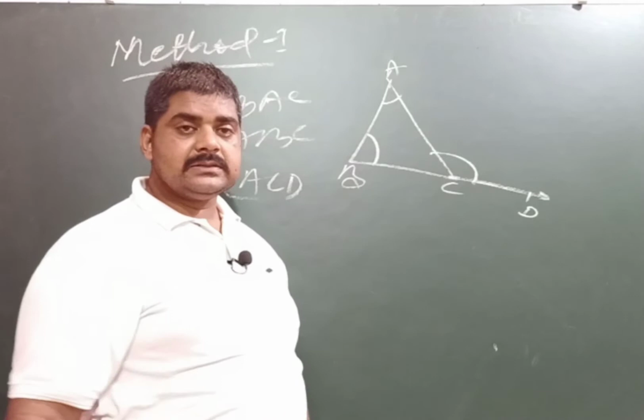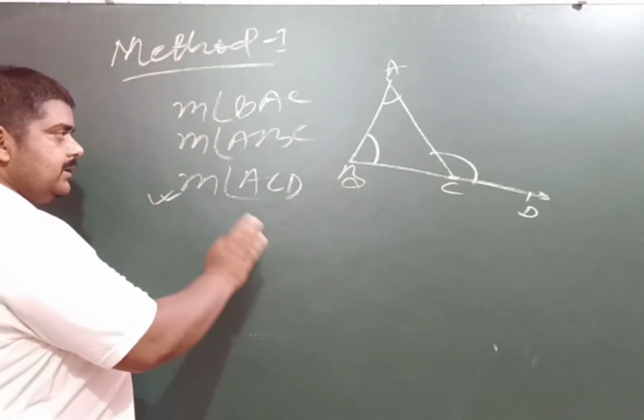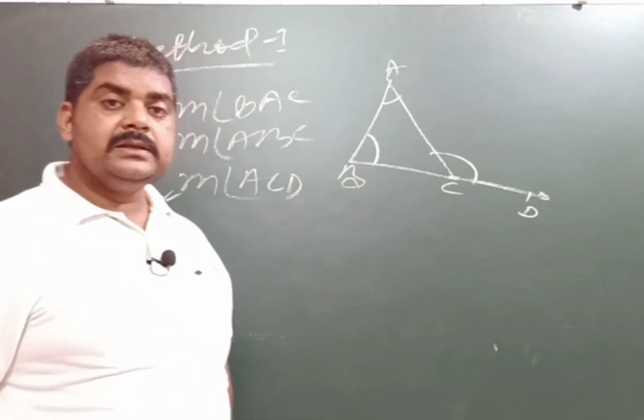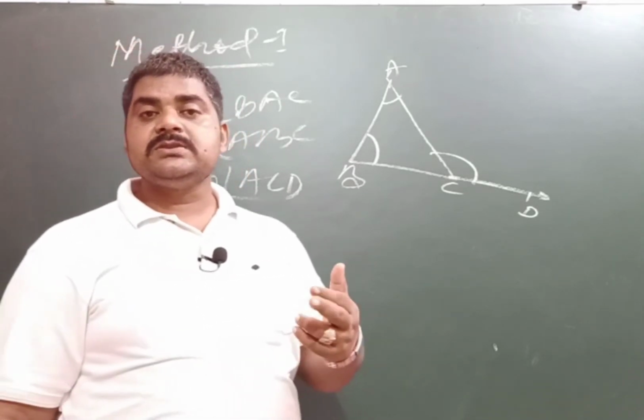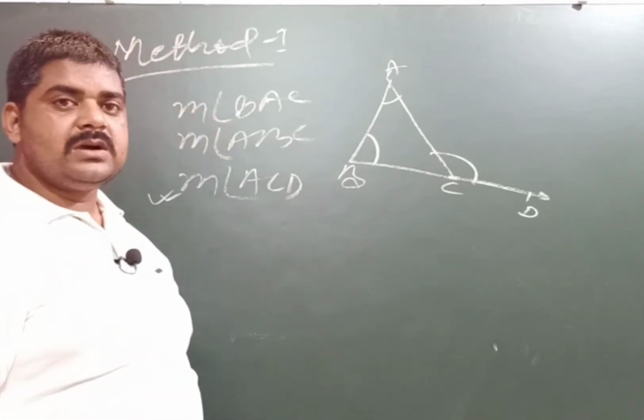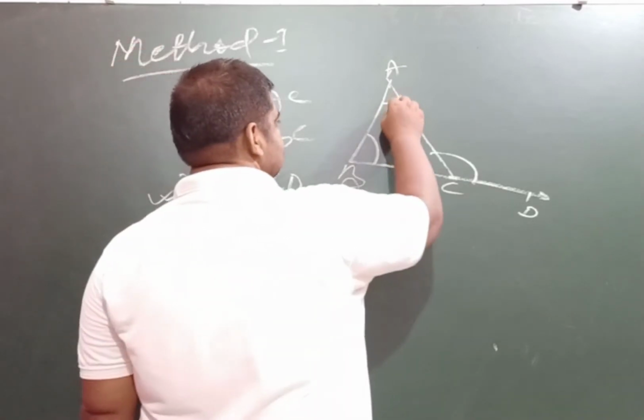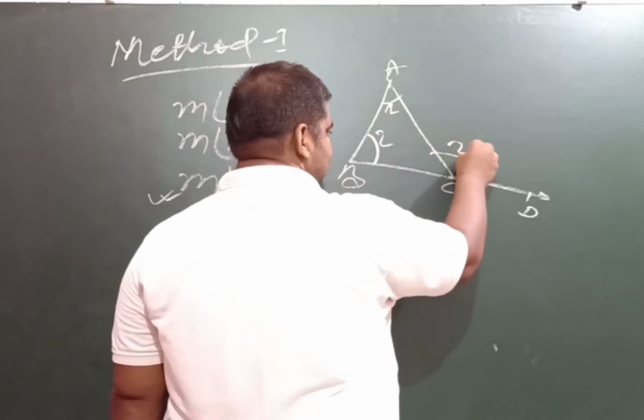Regarding the second method, you have to do a similar activity, but in this method you have to use scissors and cut these three angles. Suppose these are marked as 1, 2 and 3.